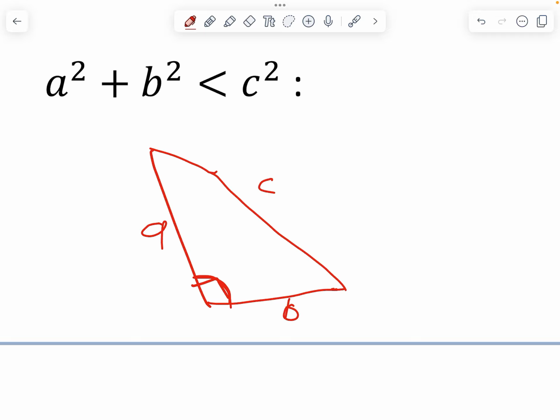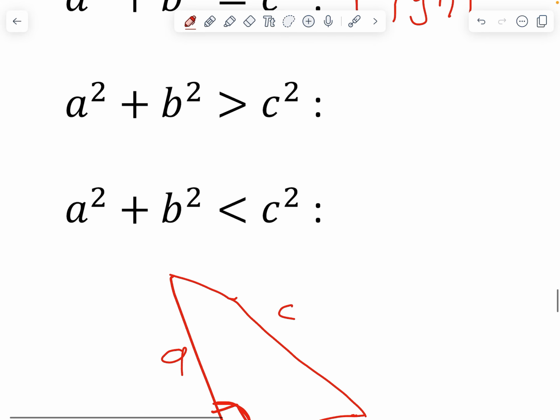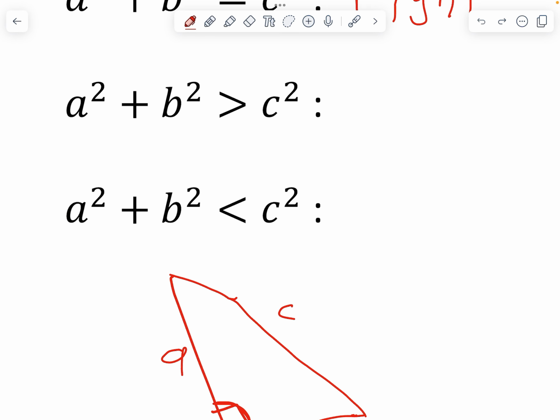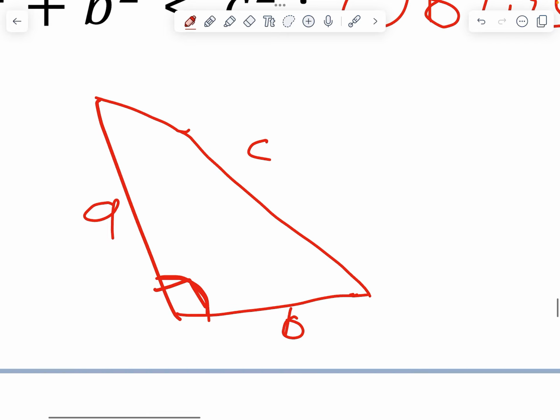So here C is too big, right? And so that means we have an obtuse triangle. So that is actually this formula right here. C squared is greater than a squared plus b squared. So if you have that, if c squared is too big, you have an obtuse triangle. If c squared is too small, right? So let me go back to what we had before.